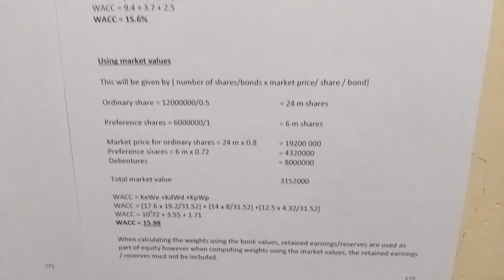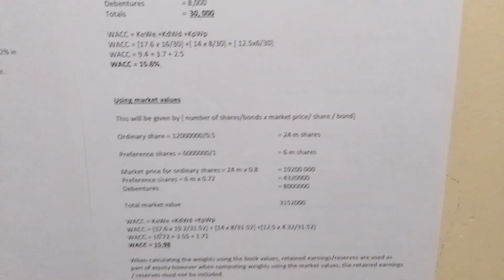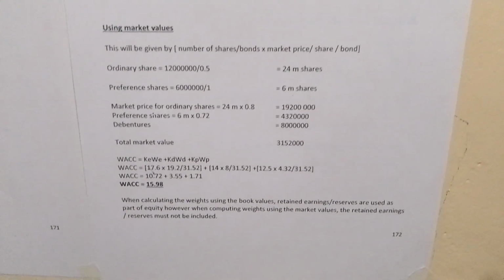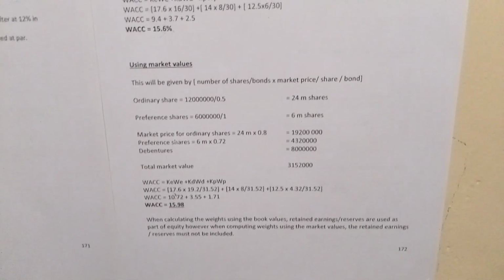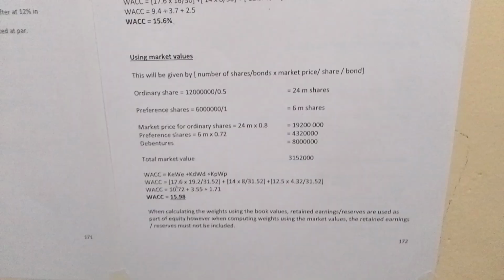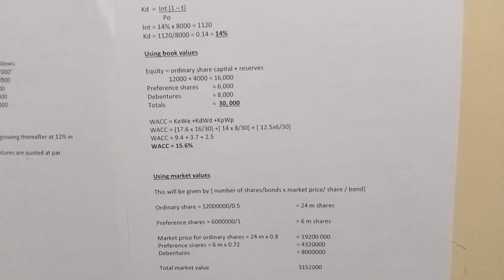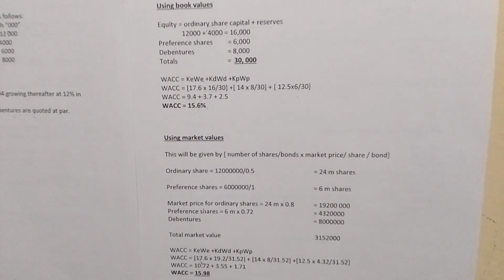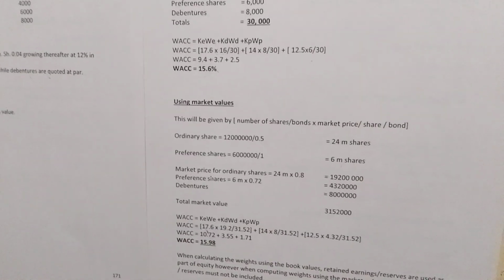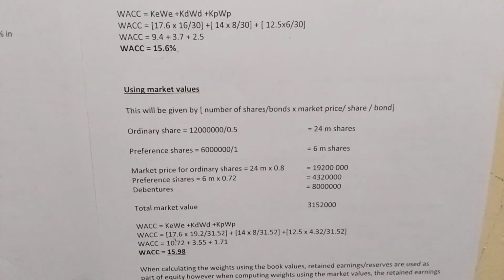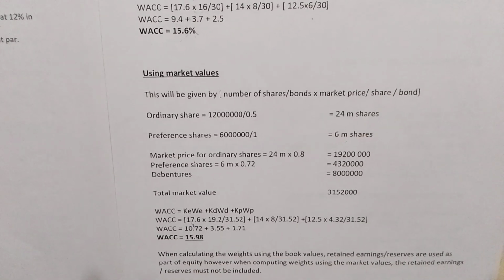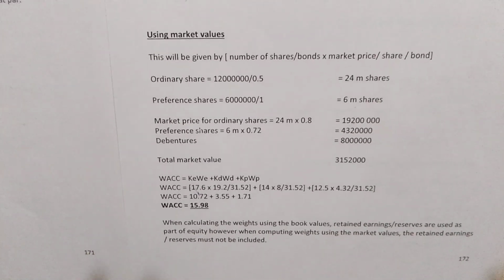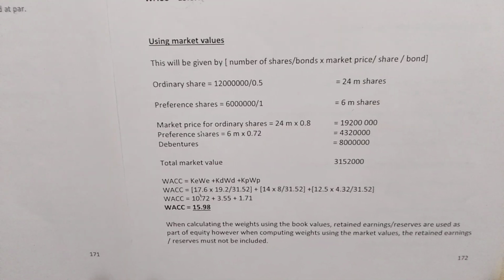So we have done that. So you should have the knowledge about how to calculate the weighted average cost of capital using either market values or using the book values. I've said that WMCC, or the weighted average cost of capital, is the cost of existing capital.